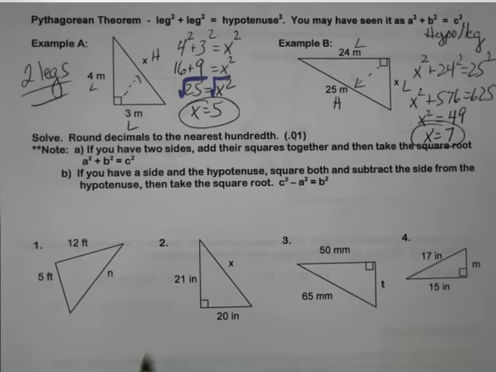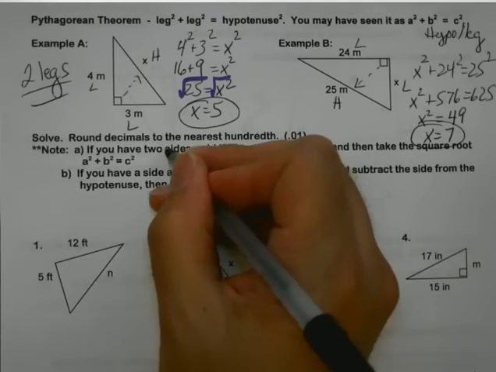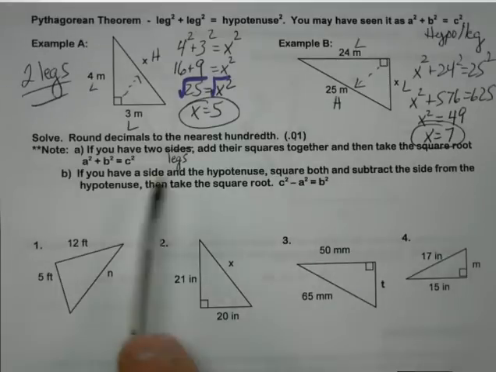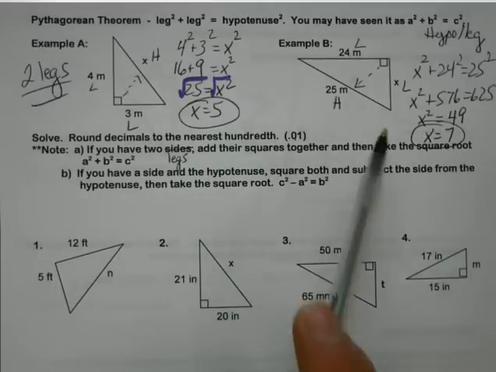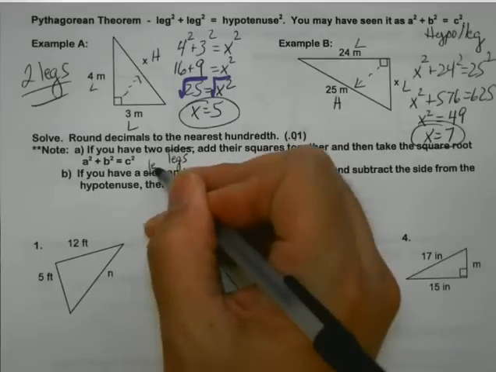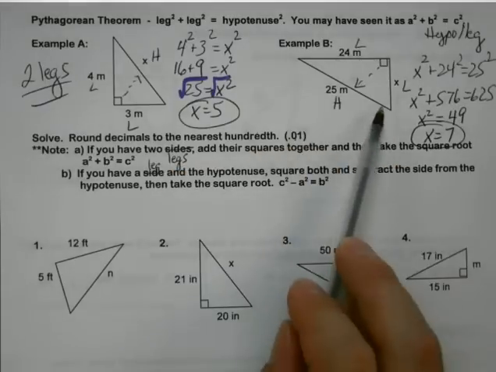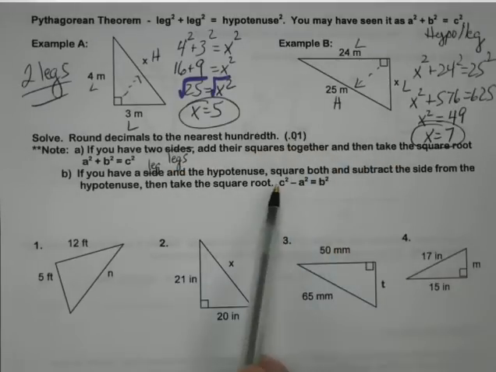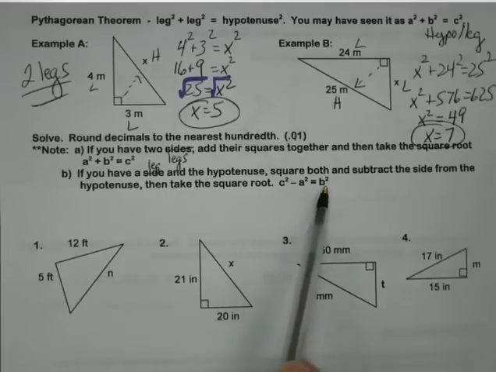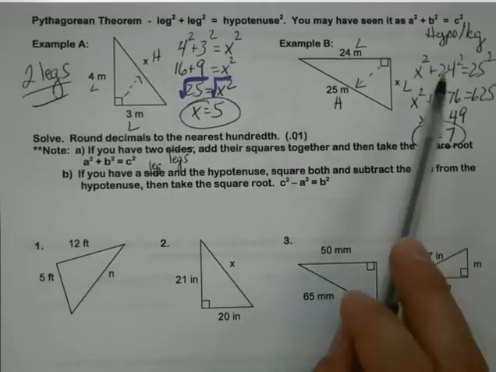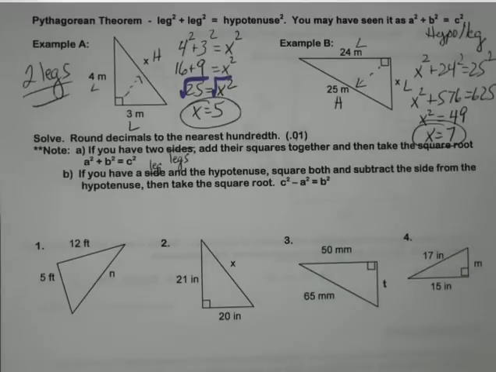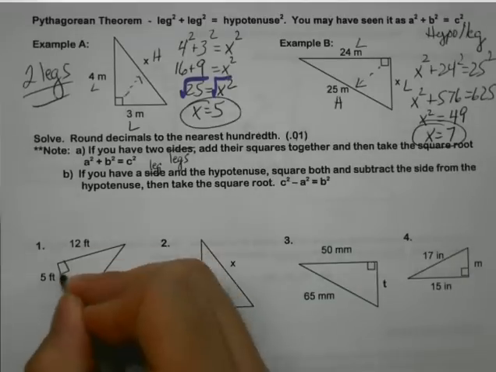If you have 2 sides or 2 legs, let's be mathematically correct here, add their squares together and take the square root, just like we've been doing on examples A and B. However, if you have a leg and the hypotenuse, like we did in example B, instead you could take hypotenuse squared minus leg squared to equal your other leg squared. You still can do it the other way, you'll get the right answer, but I'm just trying to give you an option for a possible shortcut here.